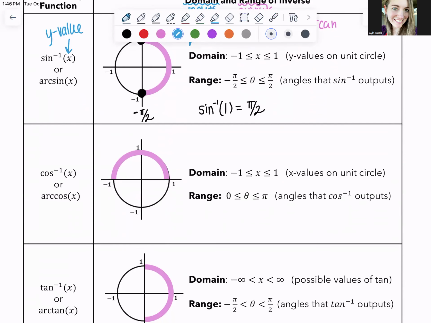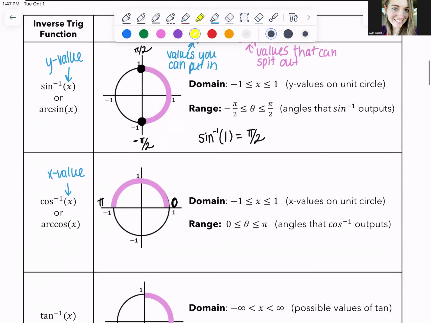For cosine, the input is an x value and the output is an angle. For cosine, we're looking at making sure that all of the x values are accounted for. The way we do that, we start at 0 and we go to pi, and maybe I'll highlight these with yellow.